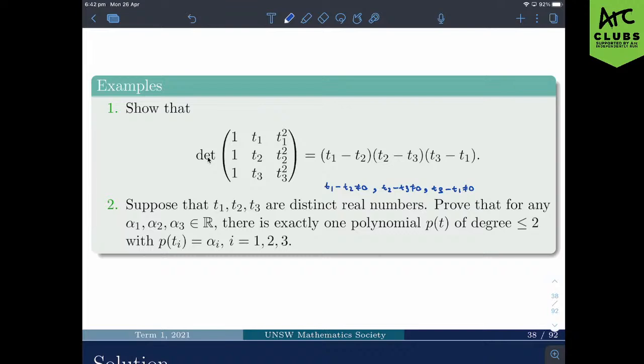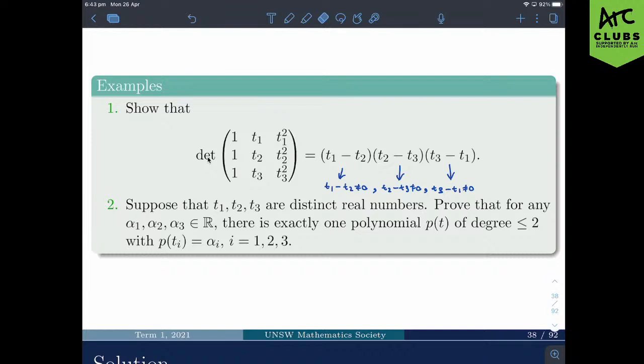So that tells us that the determinant is non-zero. And so we know that a system of linear equations represented by this times some vector x equals some vector b must have a unique solution. But how are we going to represent that as a matrix?